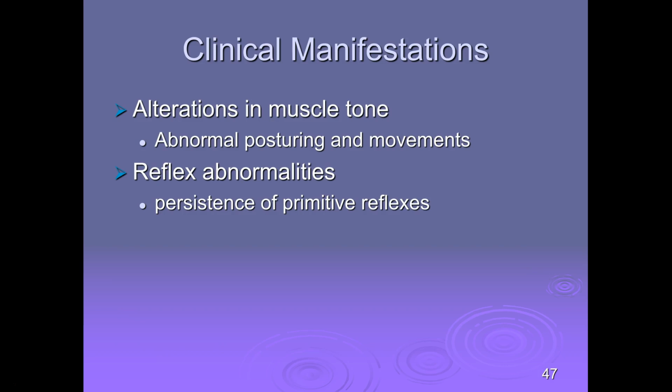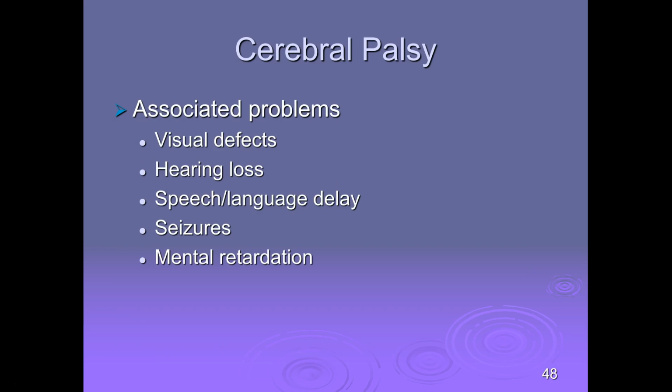Clinical manifestations, alterations in muscle tone, so abnormal posturing and movements. The persistence of primitive reflexes, like the Babinski reflex, doesn't go away. That's a huge concern. Associated problems with CP and premature birth have very similar problems, and that's because premature birth and CP pretty much go hand in hand.